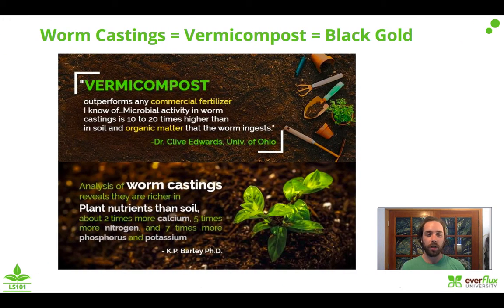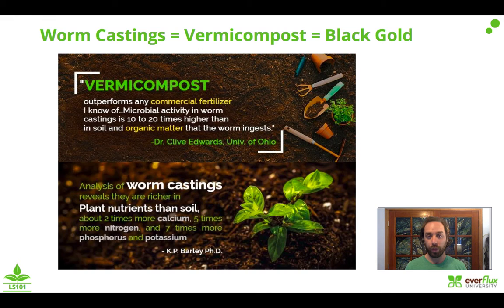So as we've already talked about previously, worm castings, also known as vermicompost, are extremely valuable. They are really one of the best things that you can give to your soil. They're actually at least 2 times higher in calcium, 5 times higher in nitrogen, and 7 times higher in phosphorus and potassium than just regular soil is.